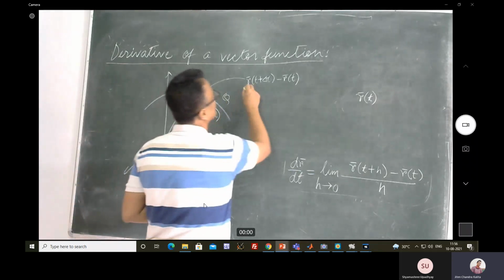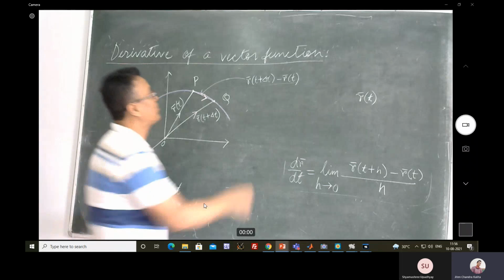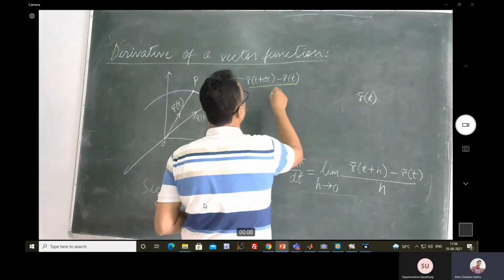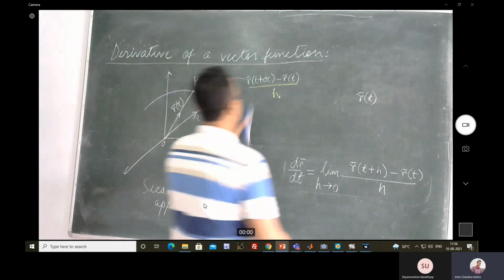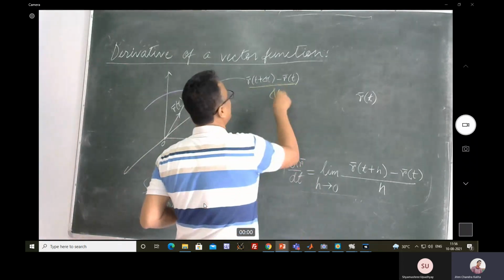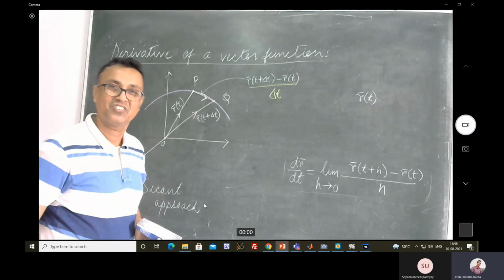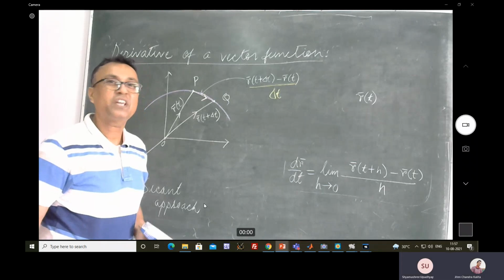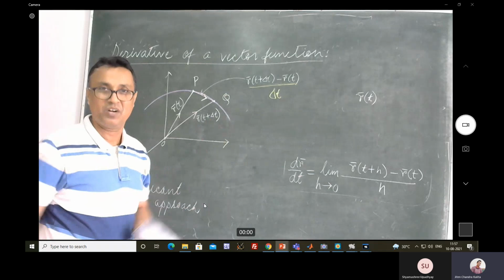This is nothing but this vector. Now, if I divide this vector by h, or by delta t, which is a very small quantity, then 1 by delta t is going to be a very big number.